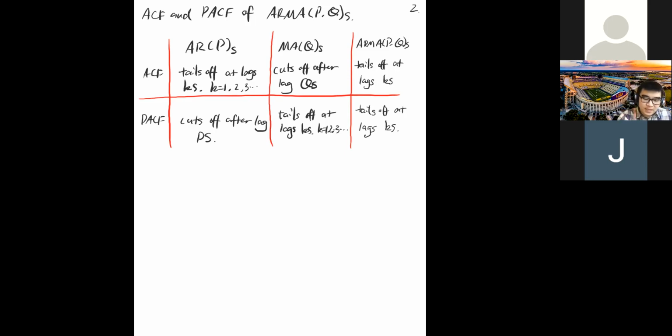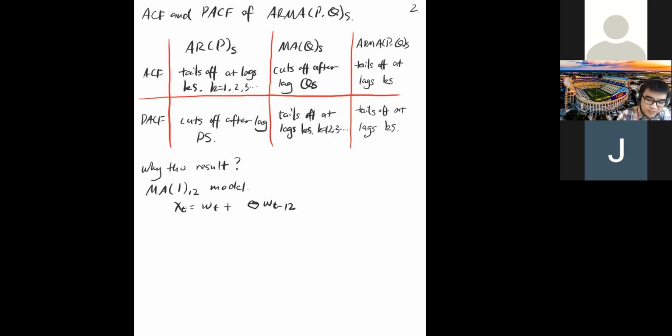Now a little bit of theory about this table. Why this result? Let's first consider the MA112 model, which is written as xt equal to wt plus theta wt minus 12.